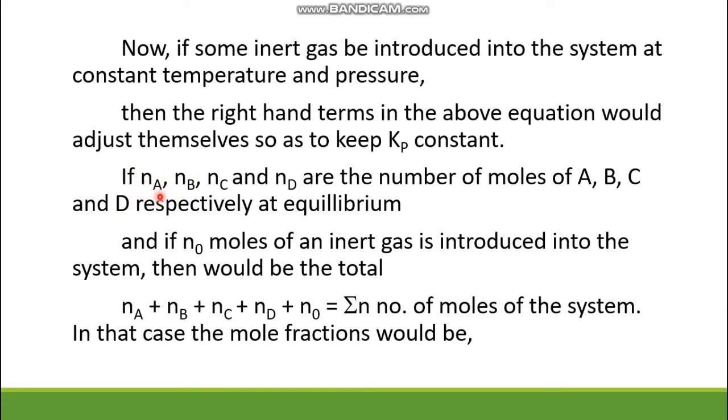This is not the stoichiometry of A, so do not get confused between small letter a and Na. Na is not the stoichiometry of A. It is the number of moles of A here. Sometimes small letter a is called the number of moles of A, but that is the stoichiometry. Here this is purely the number of moles of A which you have taken.